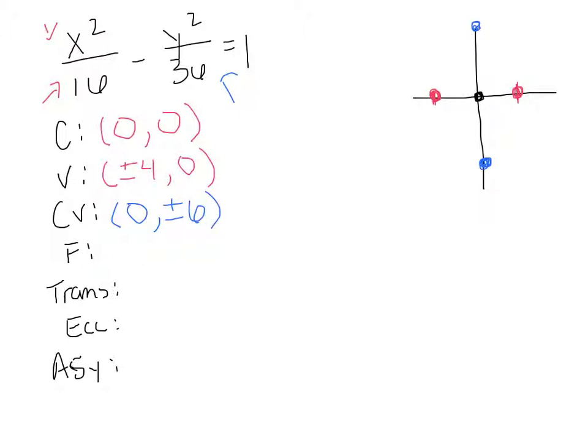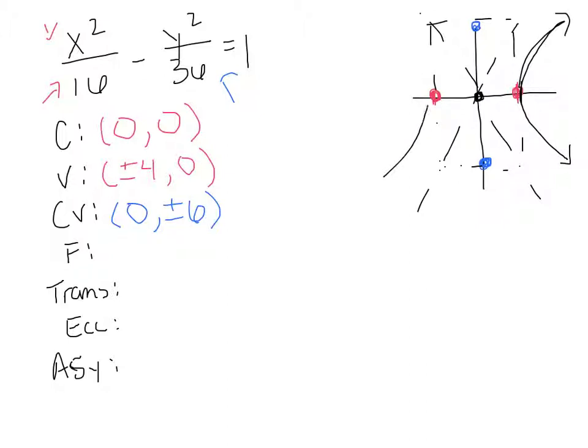Now we have a lot of information already so that we could start to sketch our hyperbola. I can sketch out the rectangle created by these vertices and co-vertices, and therefore I can sketch my asymptotes. I know that it's horizontal, so I know that the branches are going to go through these vertices in the x direction.